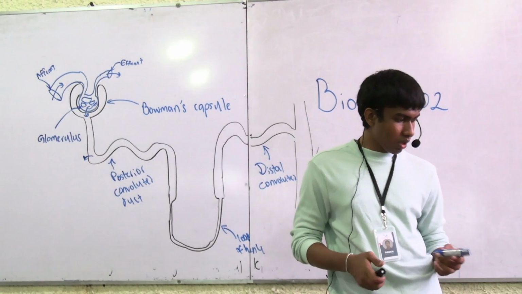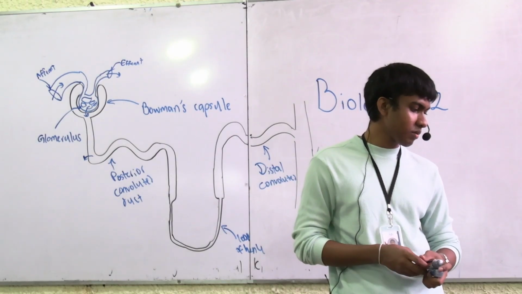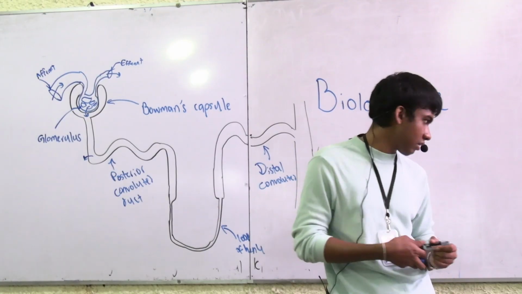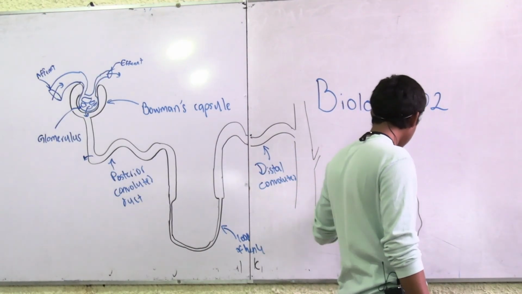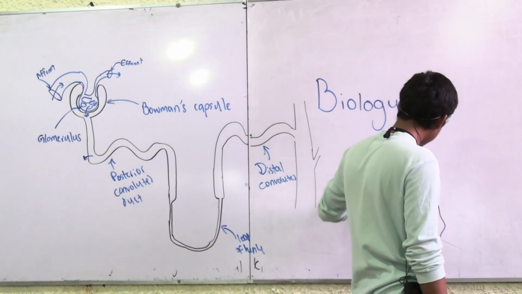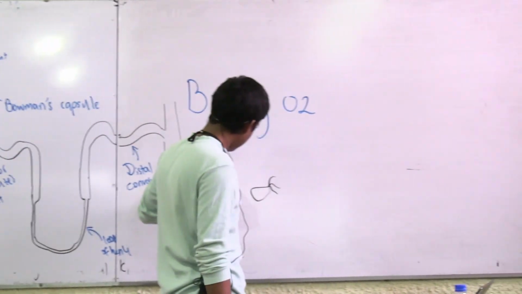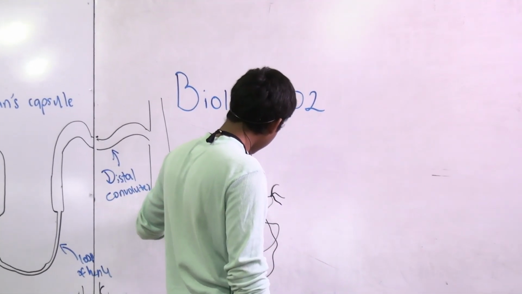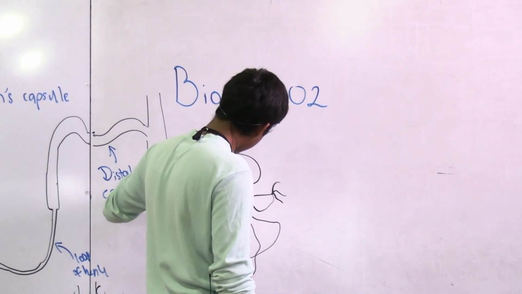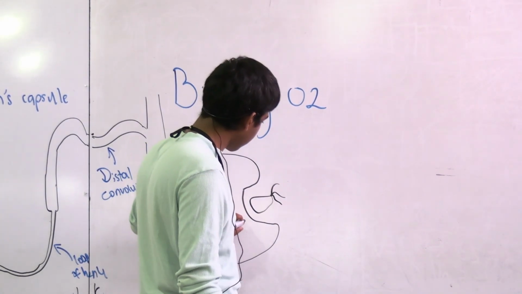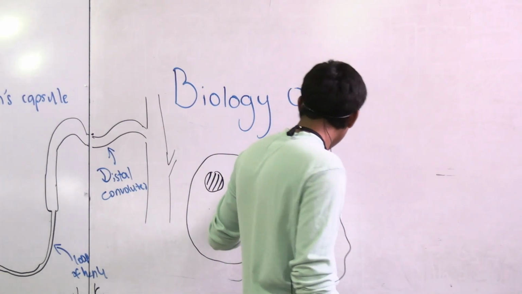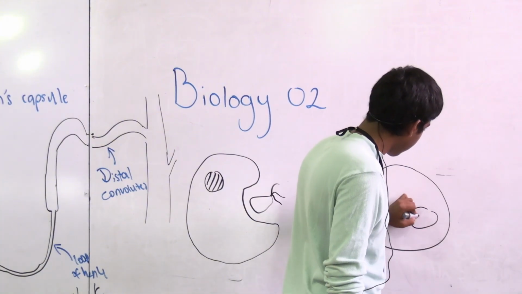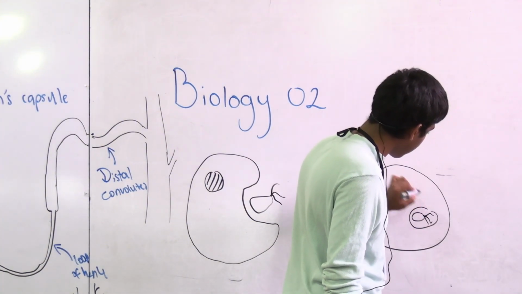That's another function of white blood cells, specifically macrophages. So basically, if there's a germ, let's say bacteria, what the macrophage does is it engulfs the bacteria and digests the bacteria inside the cell, right?